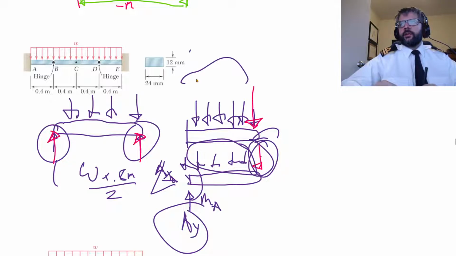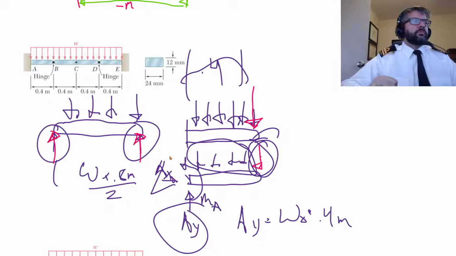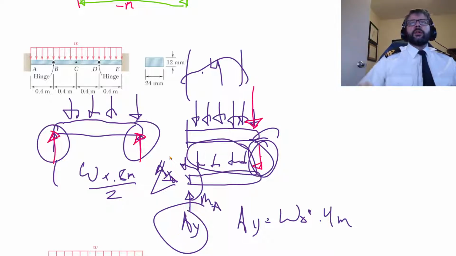And then this here is another 0.4 meters. So AY would just be equal to W naught times 0.4 meters, which is exactly what we expect.